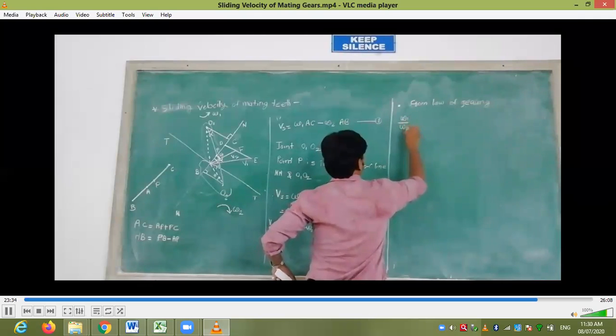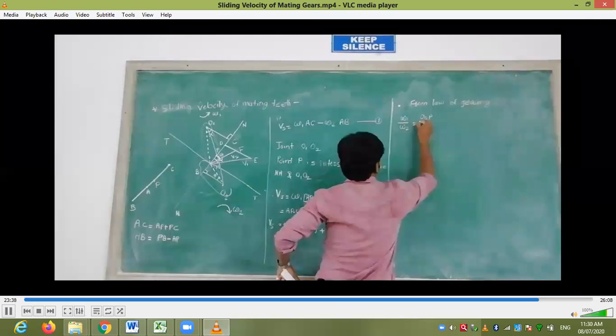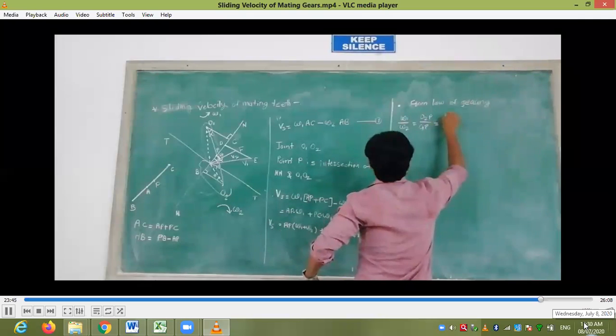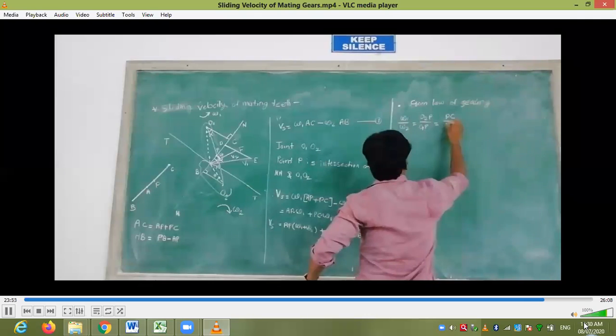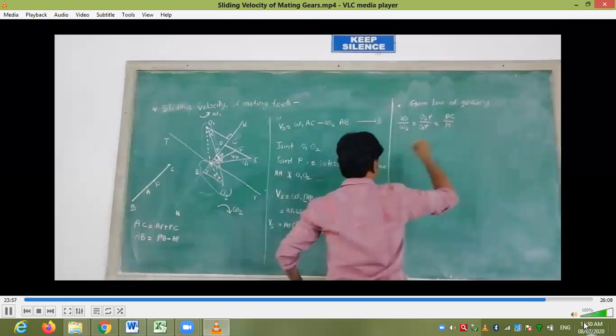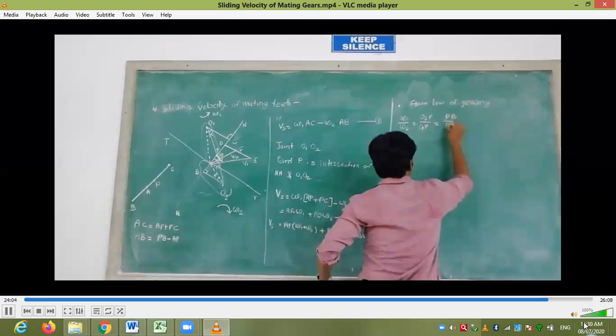Omega 1 upon omega 2 is equal to O2P divided by O1P, that is equal to BP divided by PC.